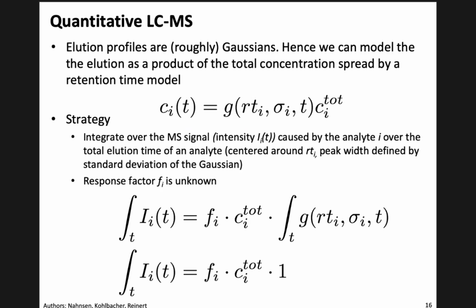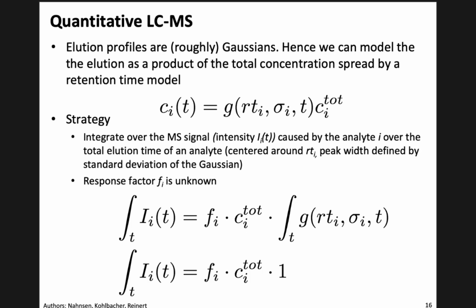These elution profiles tend to be roughly Gaussian, and roughly means they can also be very non-Gaussian. But the shape does not violate this integral condition. No matter which shape, whether it tails or heads, it does not matter. It all comes off the column.